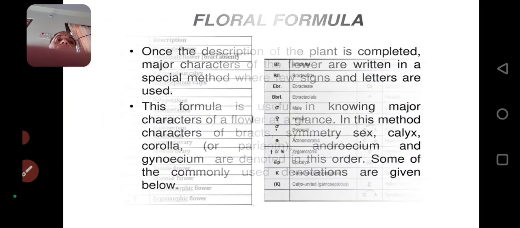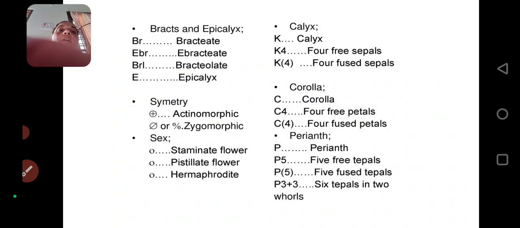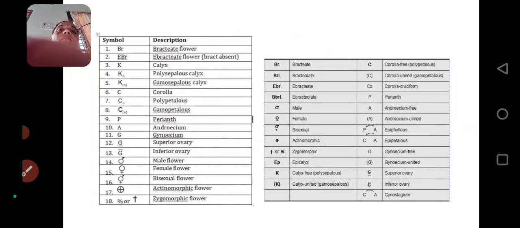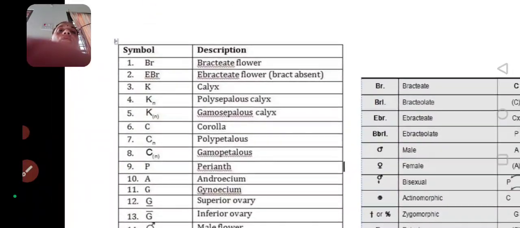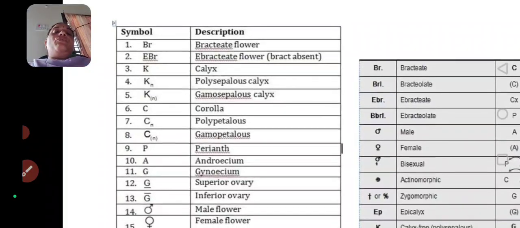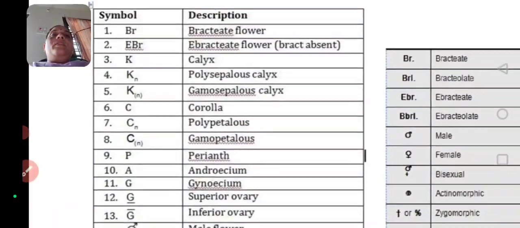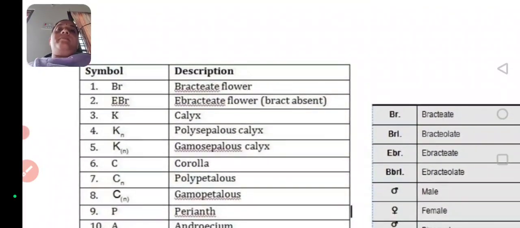Next we will go to the floral formula. Floral formula is very essential for writing the floral formula for the families. The first one is BR.